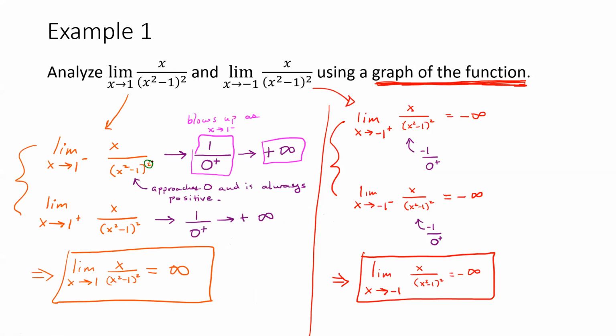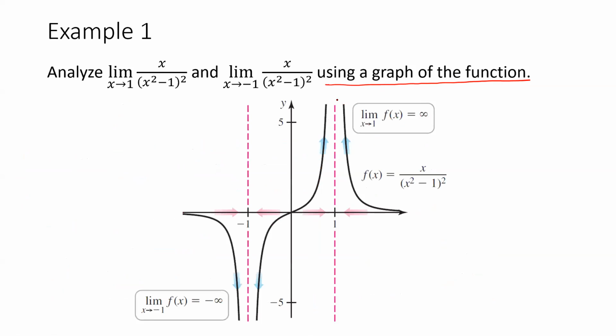Because of the square, whatever value of x I put in is always positive. So you can think of it as approaching 0 from the positive side. Thank you. I'll do more examples of this in a minute, but the graph should be easier to use when you're finding infinite limits.